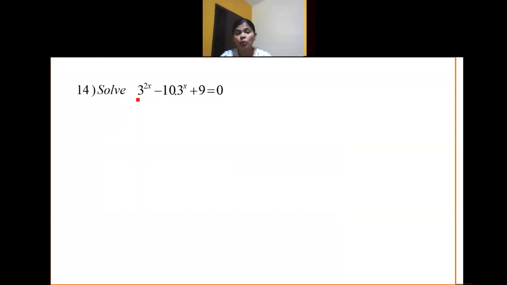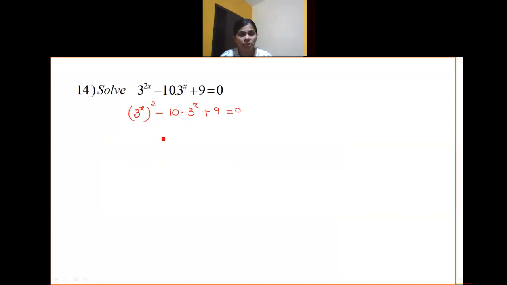So since I want to find the value of x, let me rewrite this equation as 3 to the power x to the whole power 2 minus 10 into 3 to the power x plus 9 is equal to 0. I just repeated the same equation again, but with one simple step.